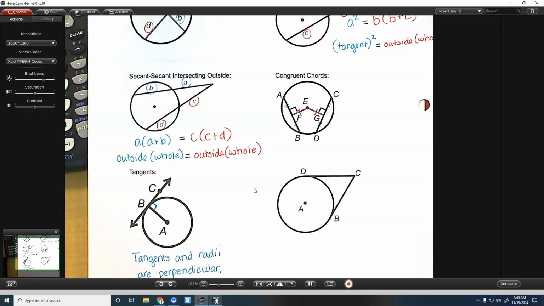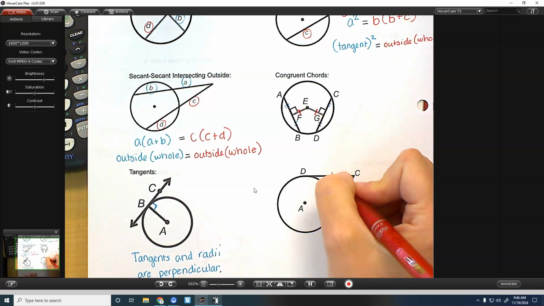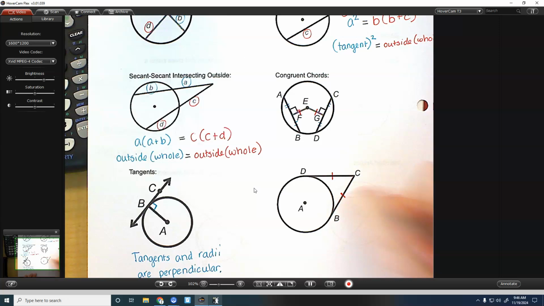Okay, and then the last picture, you just need to mark these two lines right here congruent to each other. Those two have to be the same.